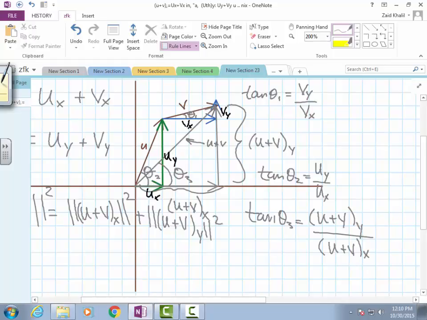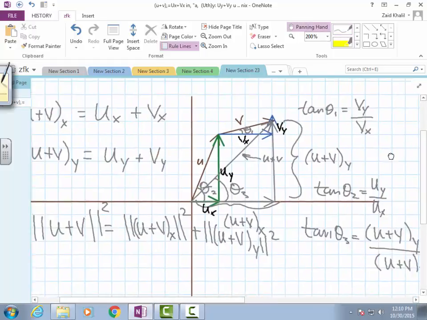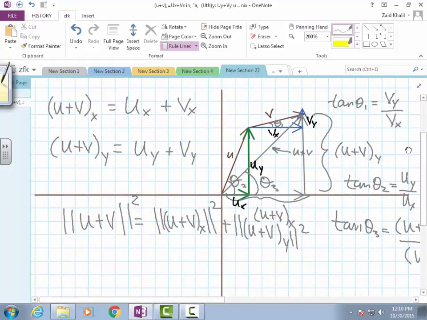And so just to make this a little bit more concrete for people, what's ux and what's uy for this example? What's ux equal to? If you look at this, it's 2 comma, so it's 2i hat plus 0j hat. And what's uy? Is that 6? That's 1, 2, 3, 4, 5.